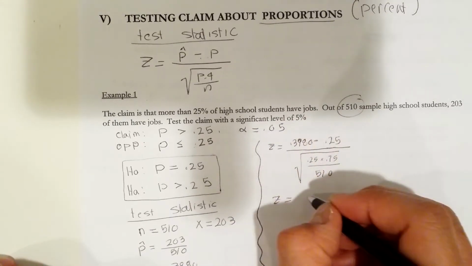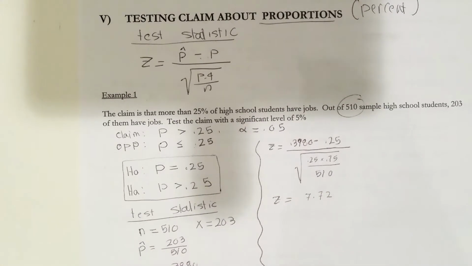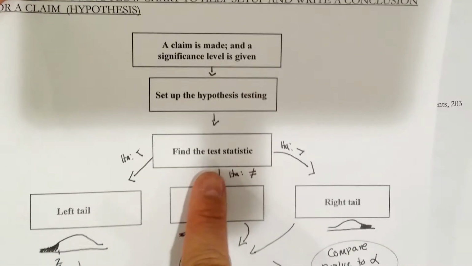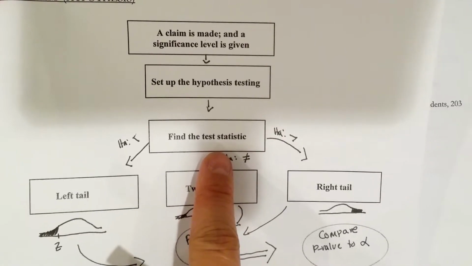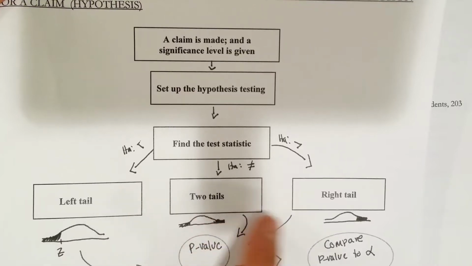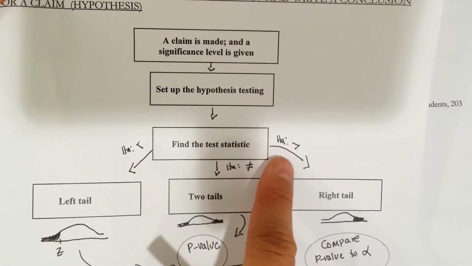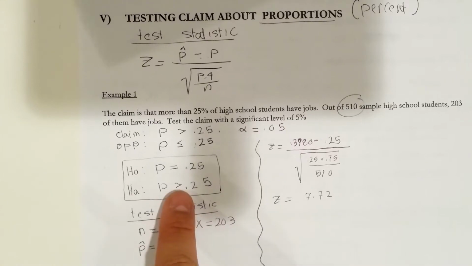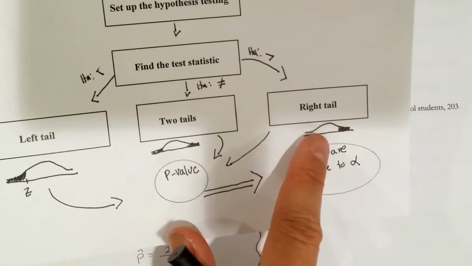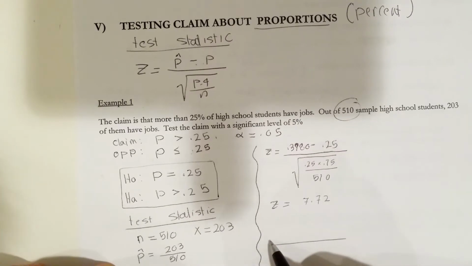It should come out to be 7.72. So here's where we're at right now, guys. We have found our test statistic z. The next thing we do is sketch a left tail, a two tail, or a right tail, depending on what our alternative symbol is. Since we're dealing with a greater than symbol, we're looking at a right tail. So you sketch your right tail.